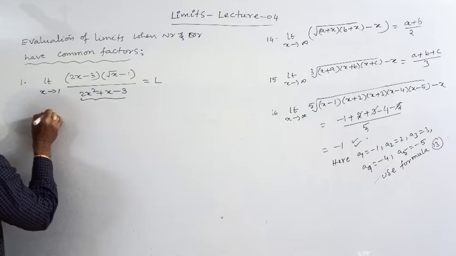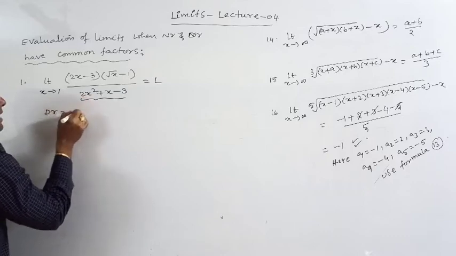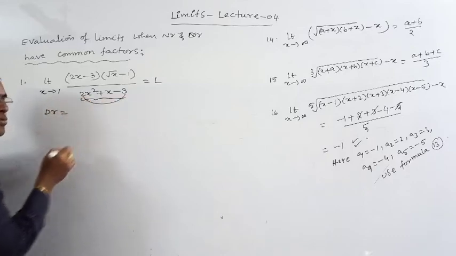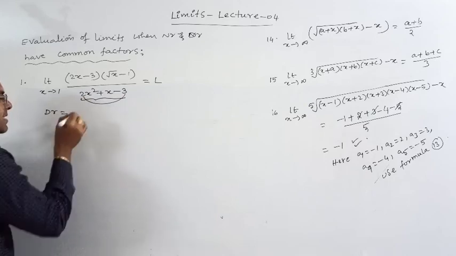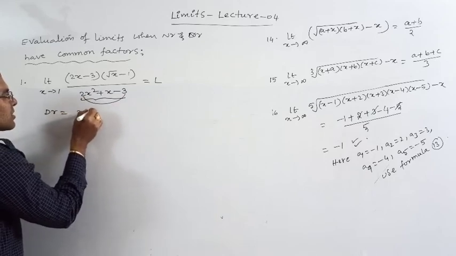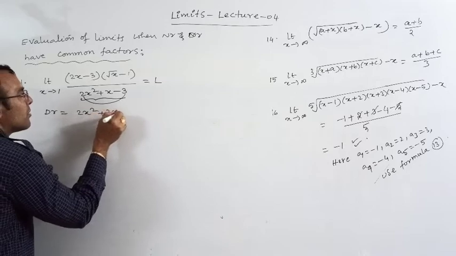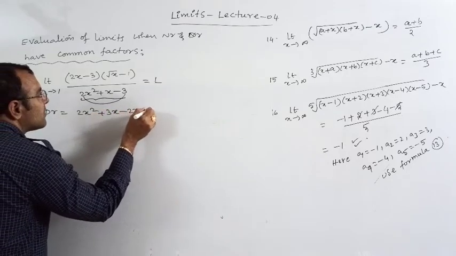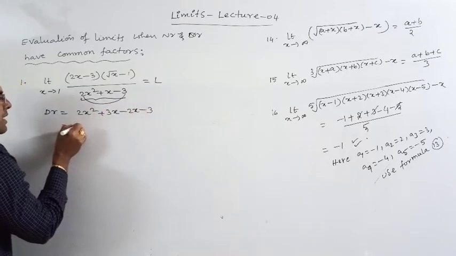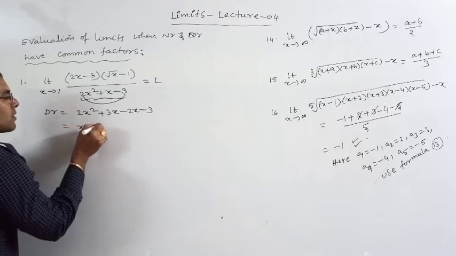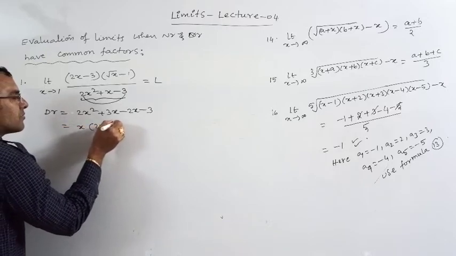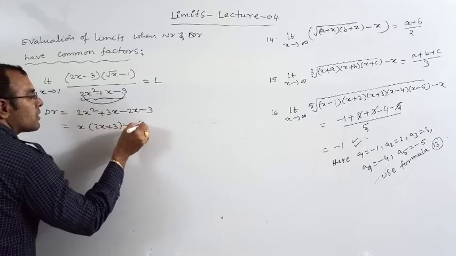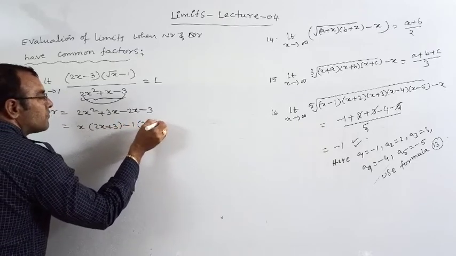Now denominator equal to, 2 into minus 3, minus 6. I will write 2x square plus 3x minus 2x minus 3. So you can take x common, you will get 2x plus 3, minus 1 common, you get 2x plus 3.